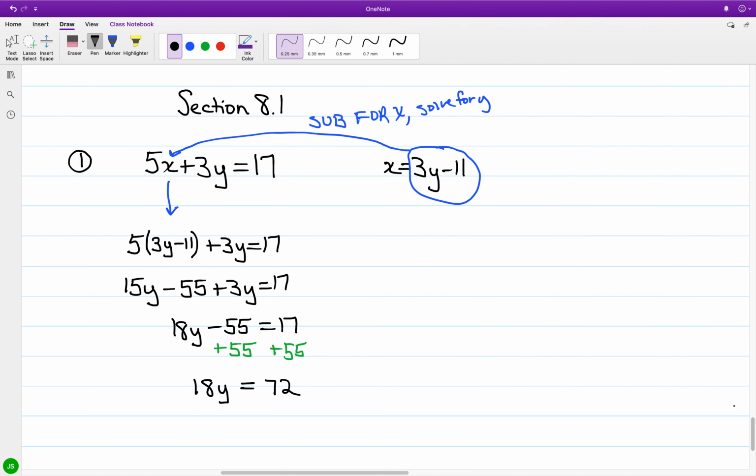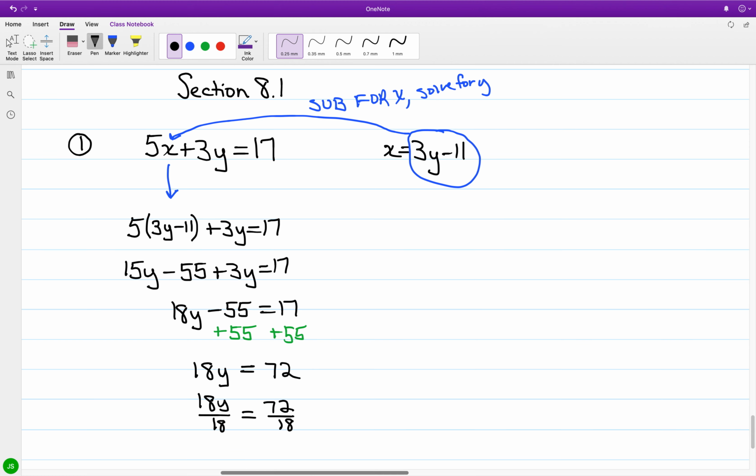And we have with 18y equal to 72, division by 18. So we have y is equal to 4. And I can plug the solution back in for y in either equation. I'll just take the first, x equal to 3y minus 11.